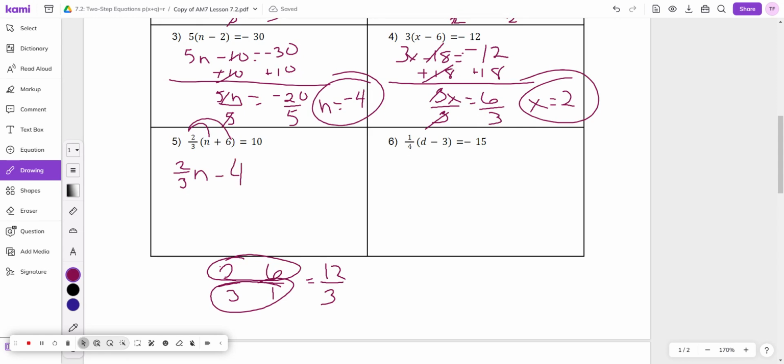Add it inside the parentheses, add it outside the parentheses, equals 10. So now I'm going to subtract 4 from both sides. That gives me 2/3 n is equal to 6. Now I actually have a choice here because technically speaking, I've got 2/3 multiplied to n. One strategy is I could divide both sides by 2/3.